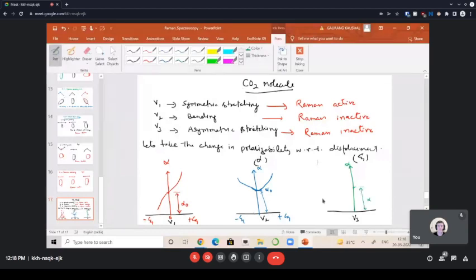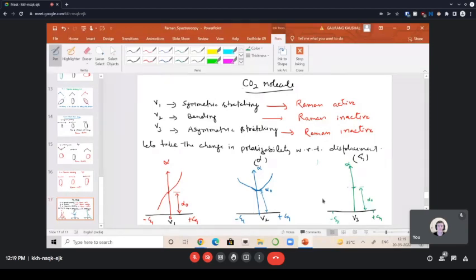In this case, it is assumed that there will be a small decrease in the polarizability. This is the positive zeta, negative zeta. In the bending mode, it is assumed that there is a small increase, and in the asymmetric stretching, it was assumed that there is a very small decrease in the polarizability.